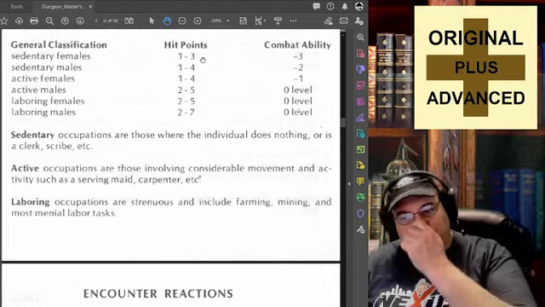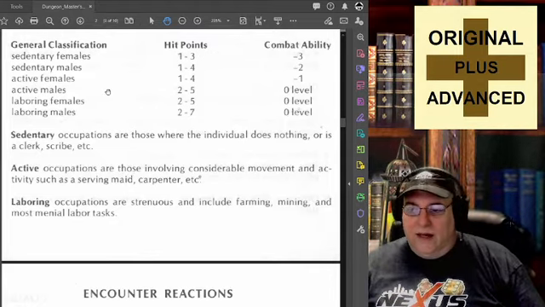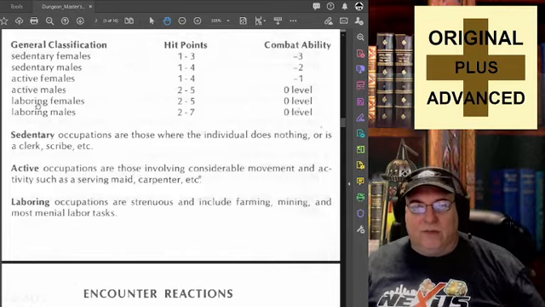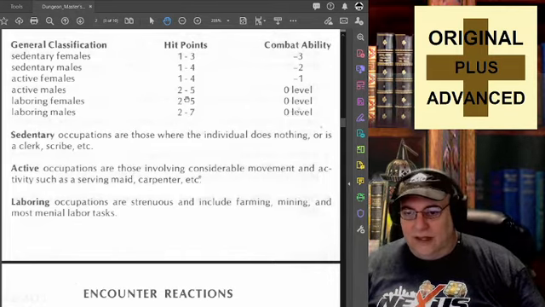It still becomes a useful table then, whether they're sedentary, active, or actually laboring, which is to say fairly strong. That gives you those hit point ranges.